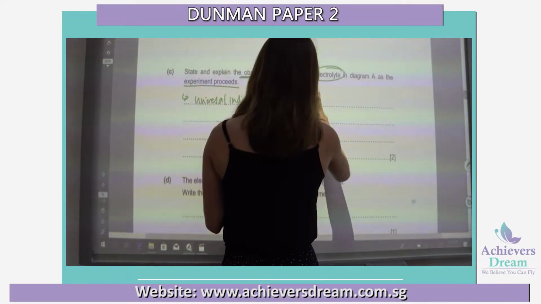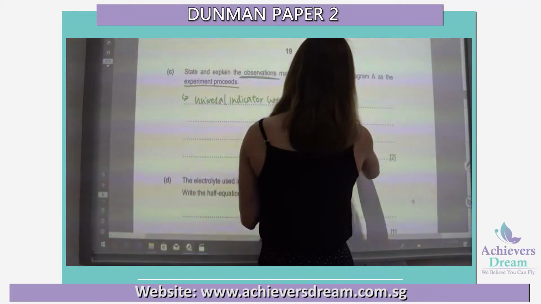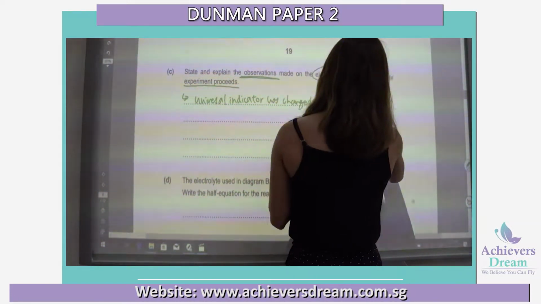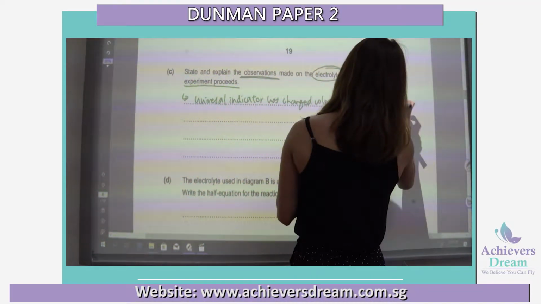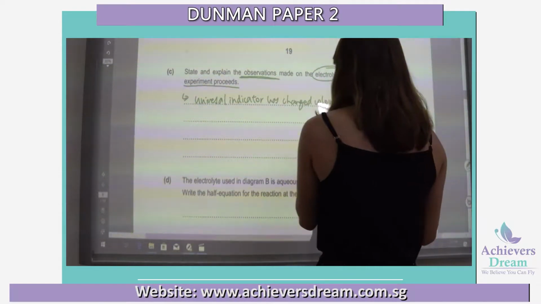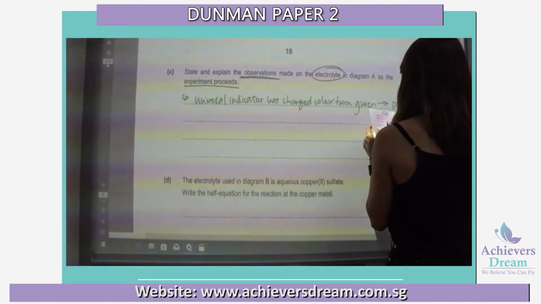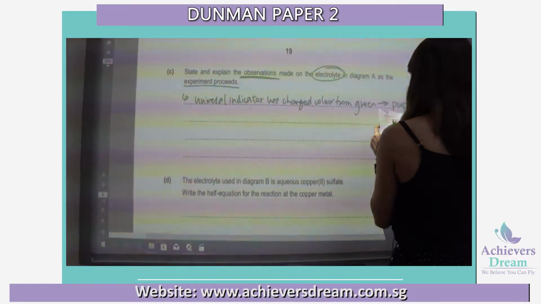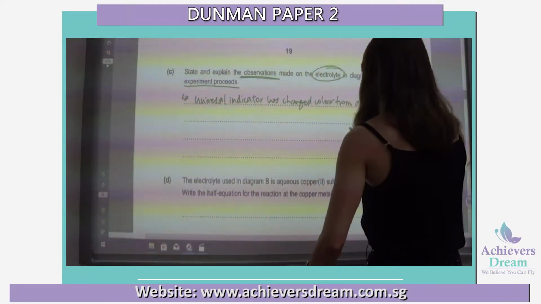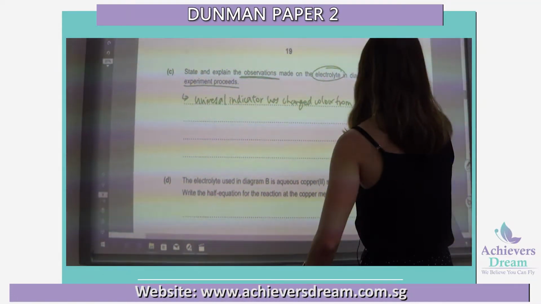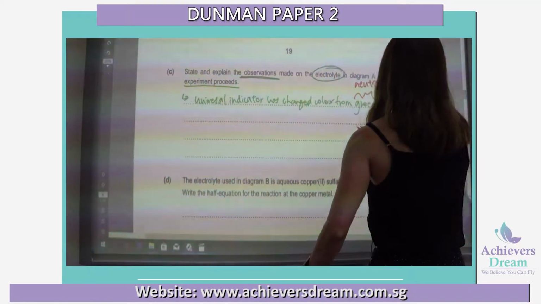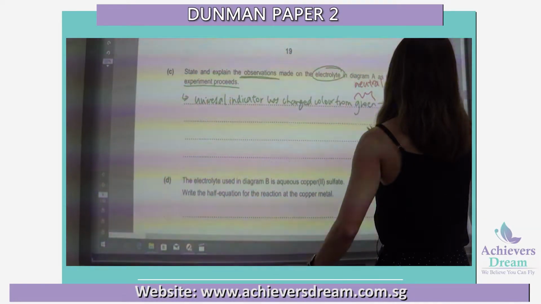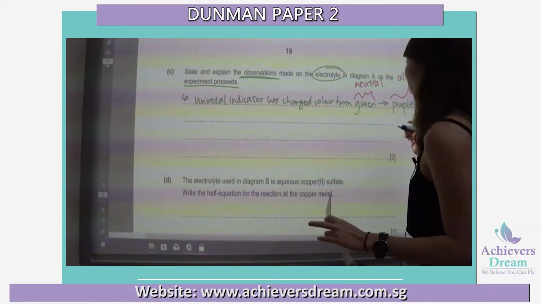So you can see that universal indicator has changed color from green to what color? Purple or blue. Okay, so this green is for neutral solution. Purple and blue indicates an alkaline solution. Why?